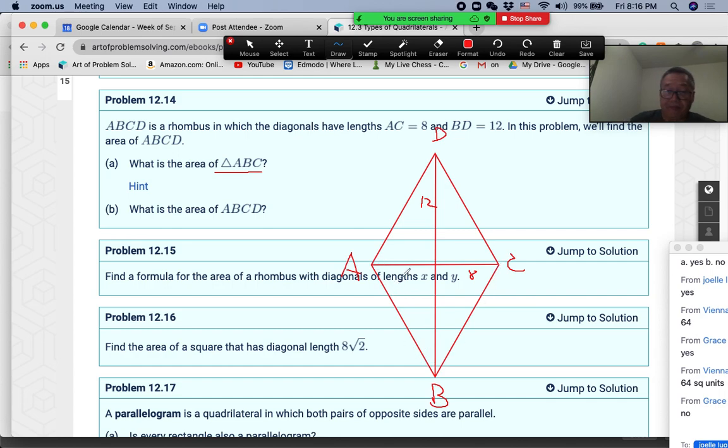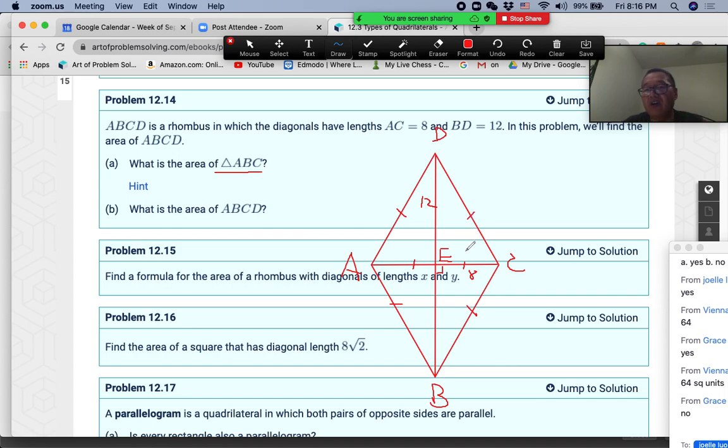Okay, say this triangle ABC, you know you can set AC as a base. Then suppose AC intersects with BD at E. Then BE will be the altitude, right? This one will be a right triangle. This one will be a right angle. You know why? Because all these four sides are equal.